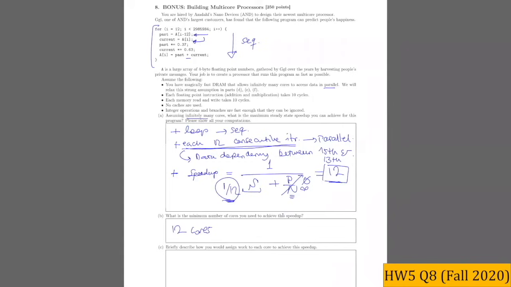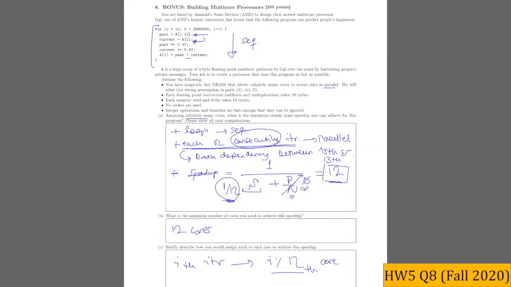The goal is to assign consecutive iterations to different cores, so each ith iteration needs to go to the i mod 12th core. That is the solution for these parts.